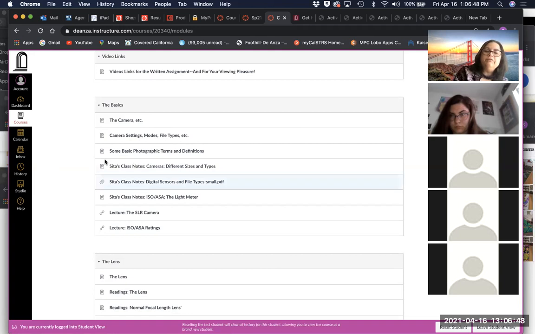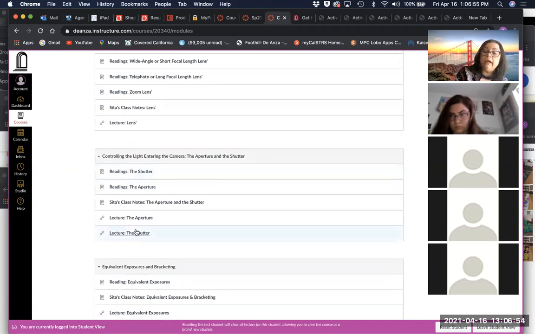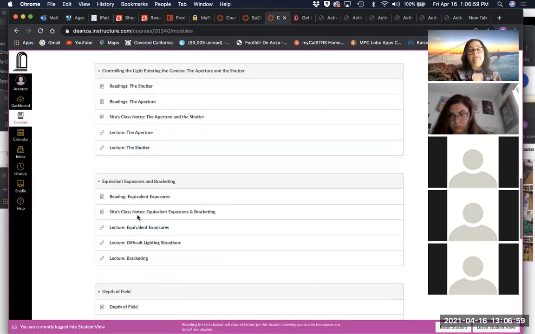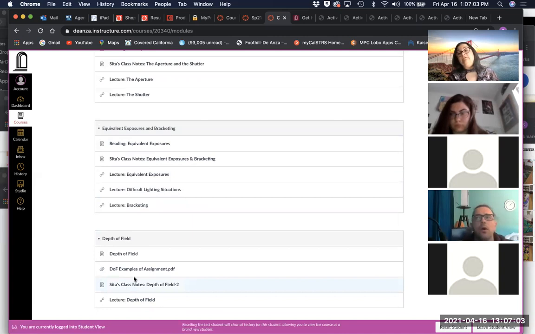Yeah, you want to go through the basics, the lens, controlling light entering the camera, equivalent exposures, and then depth of field. Depth of field is the first assignment, due at the end of the month in about 2 weeks time. So you need this information in order to do the assignment.